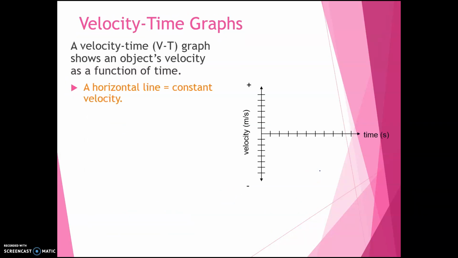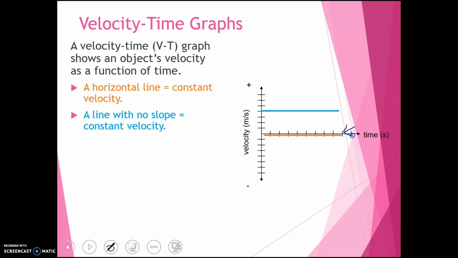All right. So in summary, if we're talking about constant velocity, we're going to have this horizontal line. A line with no slope means a constant velocity. So this orange line means that the object is stationary. So here, the object is stationary. It's at 0. But this blue line, it means that it has some sort of constant velocity, and it's a positive constant velocity.